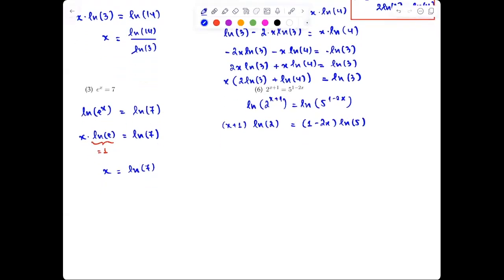And then I just distribute ln of 2 on the left-hand side, and on the right-hand side, I distribute ln of 5. I got x times ln of 2 plus ln of 2 equal to ln of 5 minus 2 times ln of 5. Sorry, 2x times ln of 5.